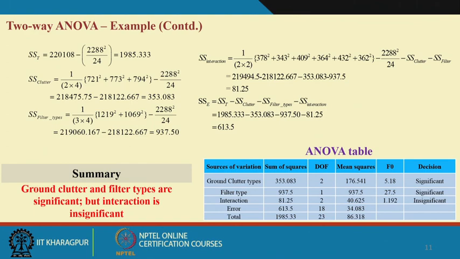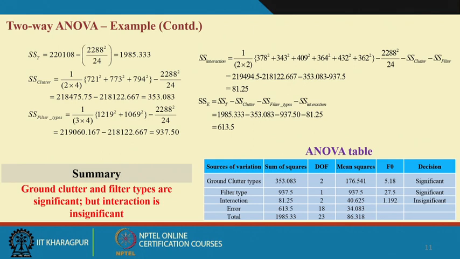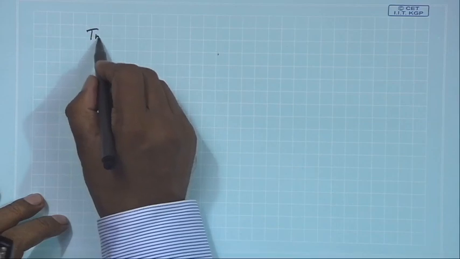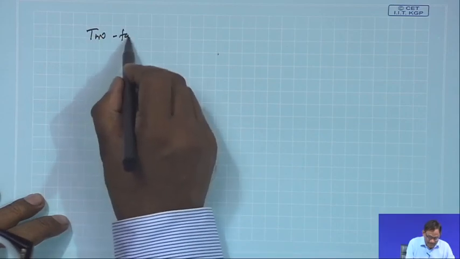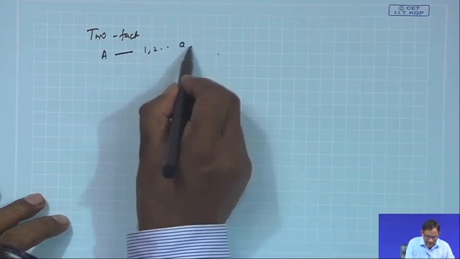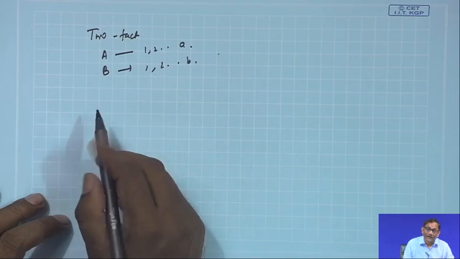So, fantastic. What we have discussed in this lecture is that I conclude the two-way ANOVA part now. In two-way ANOVA there will be two factors: factor A with levels 1 to a, and factor B with levels 1 to b.